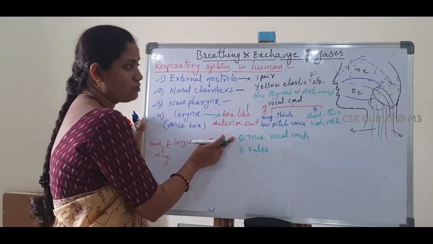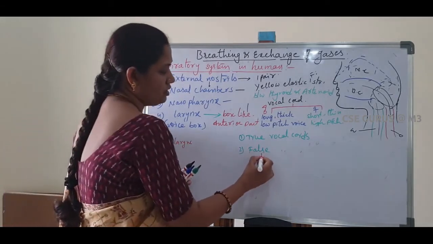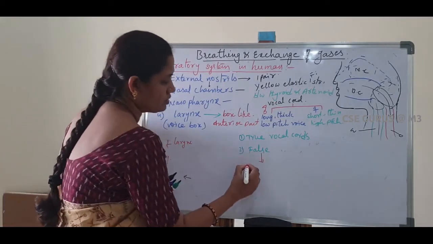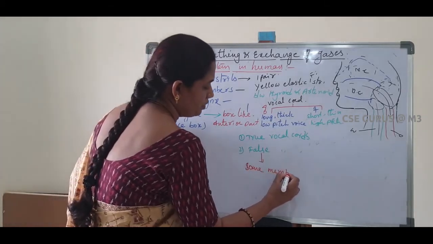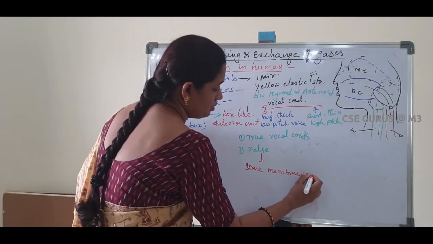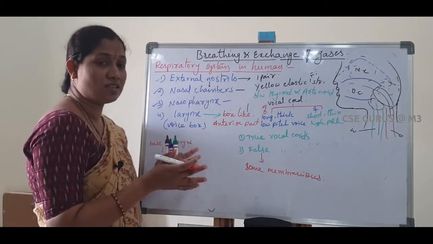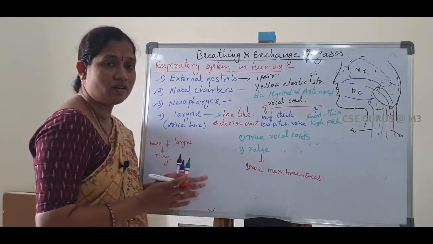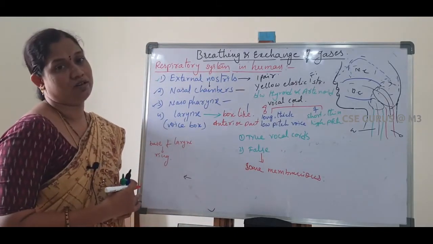True vocal cords are these yellow elastic structures. False vocal cords are some membranous structures present in the larynx region. They look like vocal cords, but they are not vocal cords. That's why they are called false vocal cords.